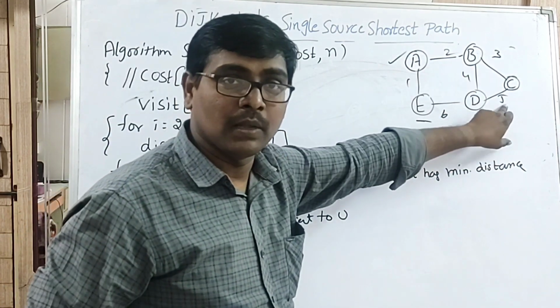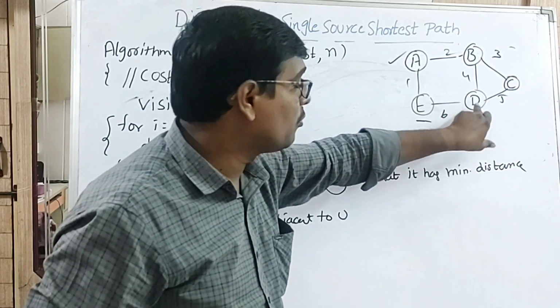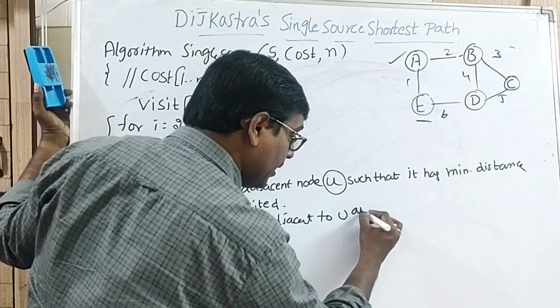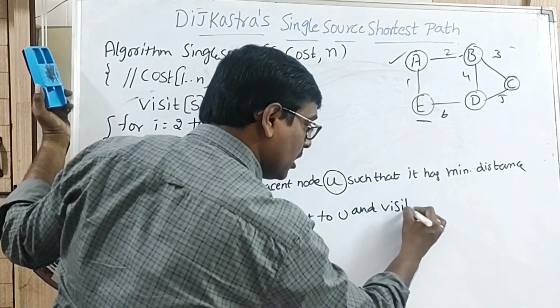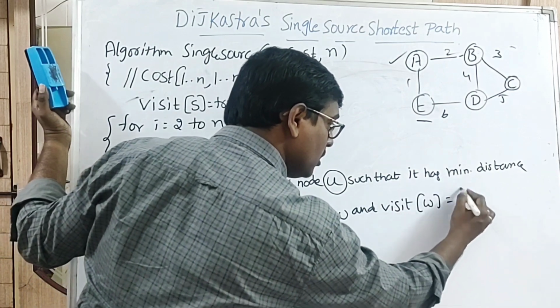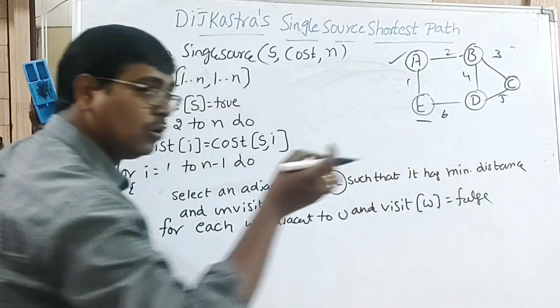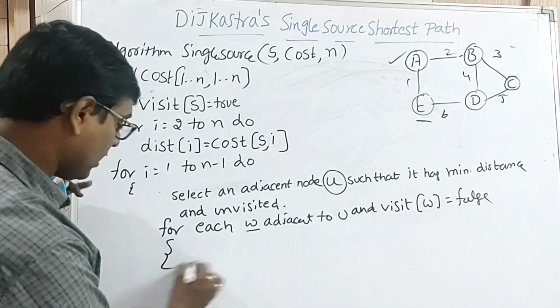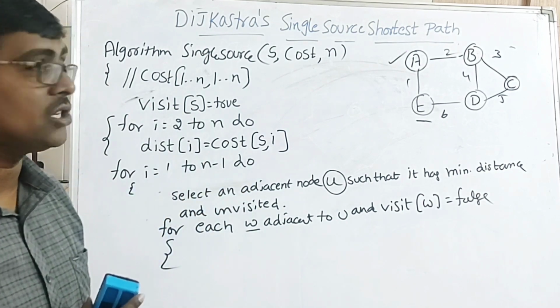D, B, K, etc. You have to find all adjacent nodes to U, with the same logic. Visit of W is equal to false, if the node is not visited.